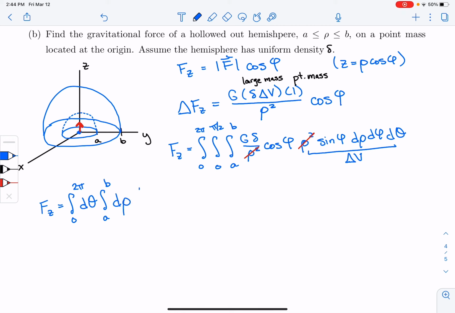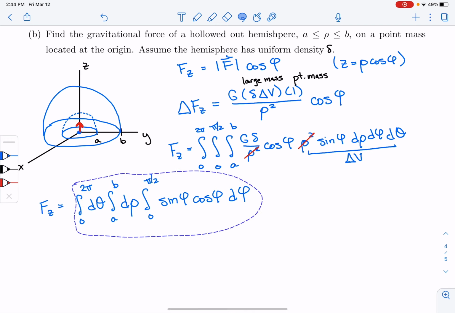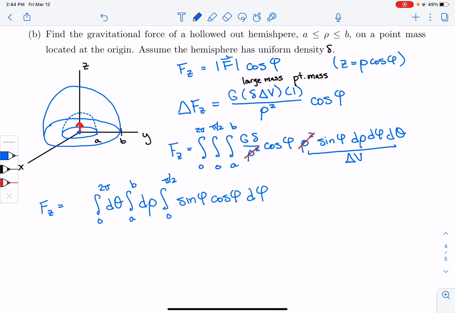And then finally, we're going to get an integral from 0 to pi over 2 of our function of phi, which is sine phi cosine phi d phi. Now what I haven't dealt with is the constants, so I should have brought all my constants out front. My constants are G and delta, so let me put G and delta out front.